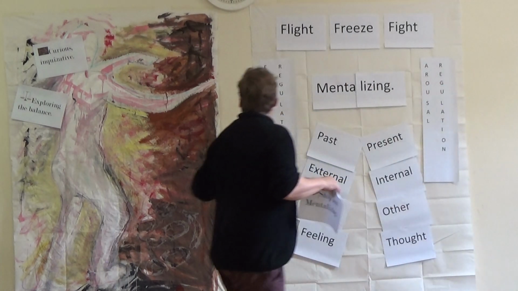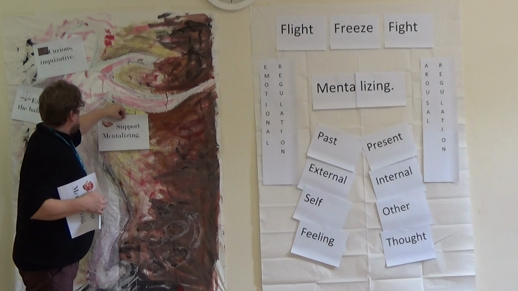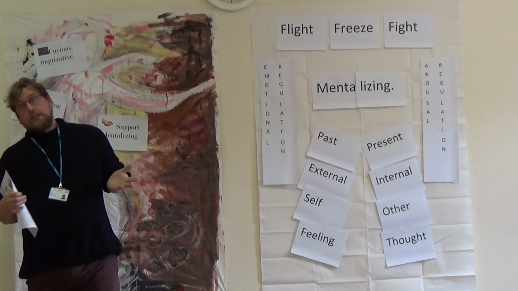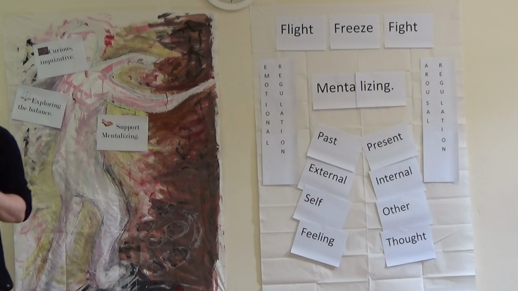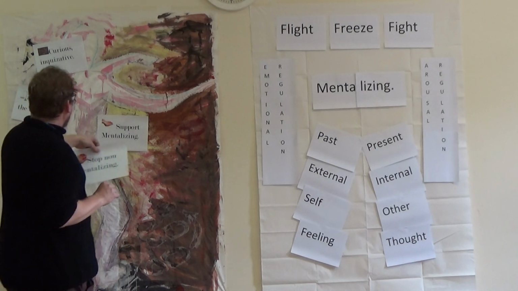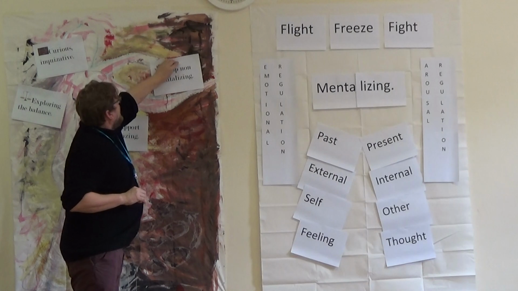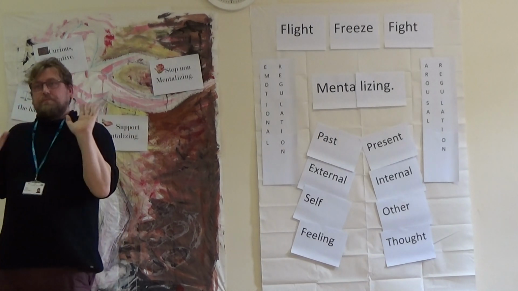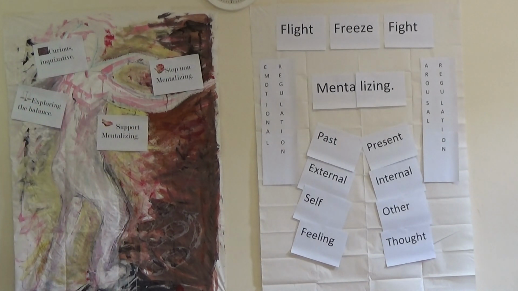And of course what we're trying to do in a mentalizing stance is support mentalizing. So it's actually recognising when you see it, and trying to halt or stop non-mentalizing states. There are a range of non-mentalizing states.